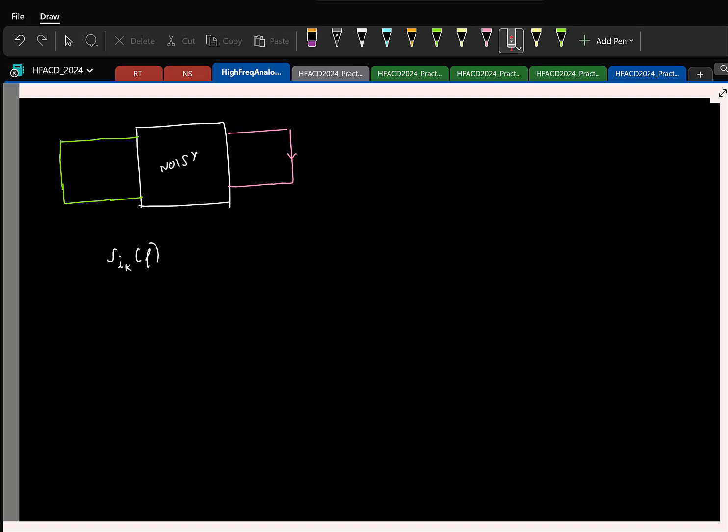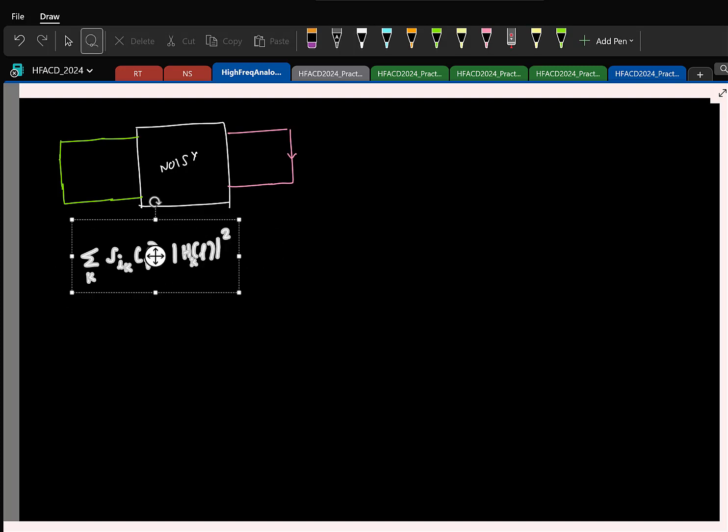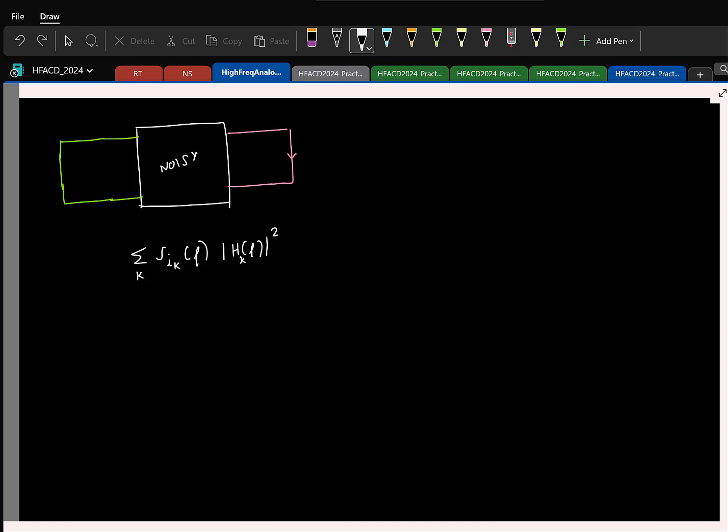You find the transfer function from that current to the output current, some H_k(f), take its magnitude squared, and then you sum it up for all the noise sources. You do this because the noise sources inside the network are all uncorrelated, so you can directly add their power spectral densities. This way you can compute the noise in the current, voltage, anything.